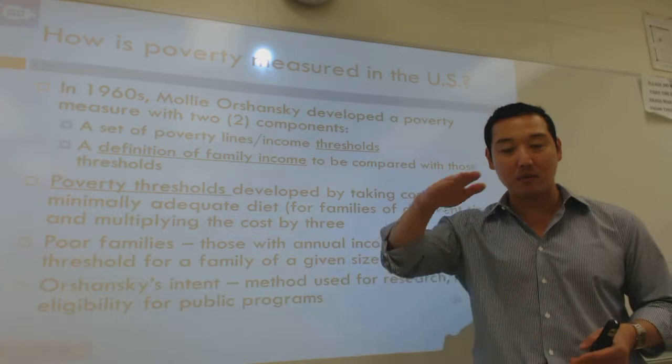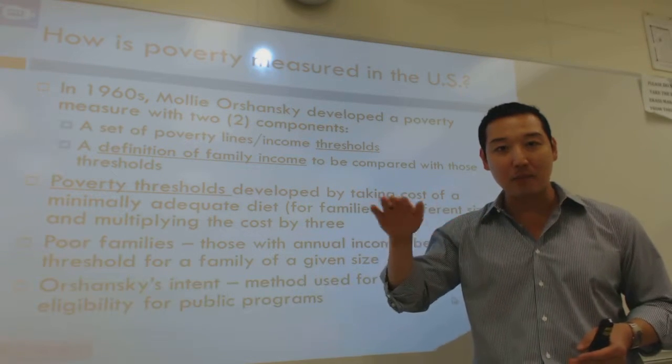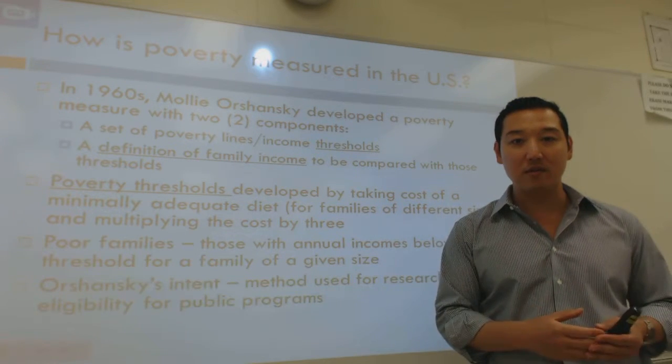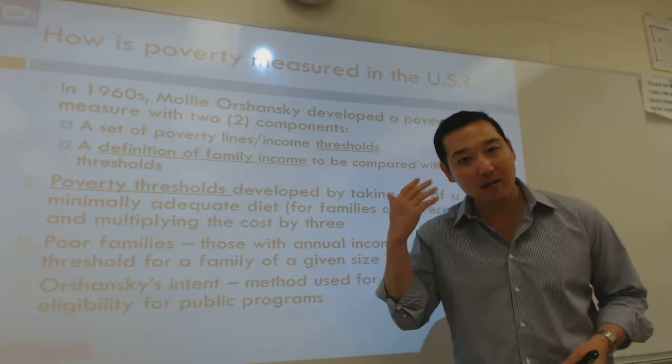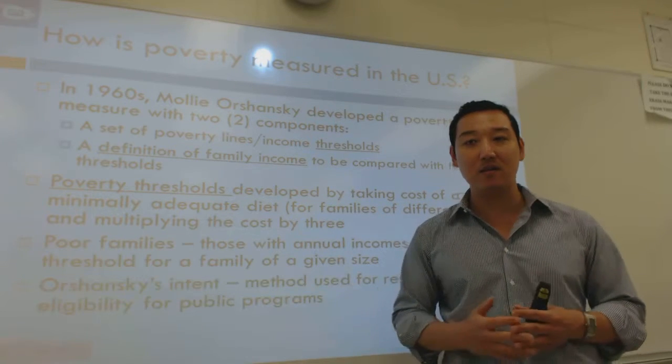She determined that we would need some sort of threshold, or poverty line, by which people should be estimated. And then, of course, you would need to count the resources in our society and assess those resources against the threshold. That was the basic idea that she had in estimating poverty for the very first time in the 1960s.